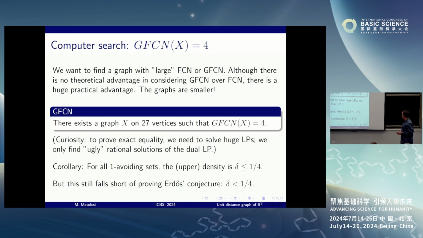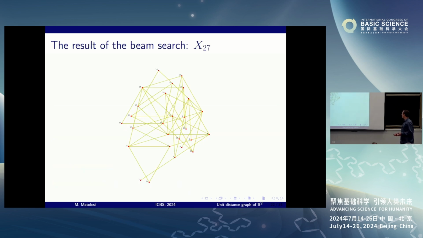And there is a crucial difference, because if you prove that it's strictly less than 1/4, then you need 5 colors, that's for sure. But if you just prove it's less than or equal to 1/4, then maybe you need only 4 colors. Of course, now we know that you need 5 colors anyway, but that's why you shouldn't stop here. You should somehow go below.